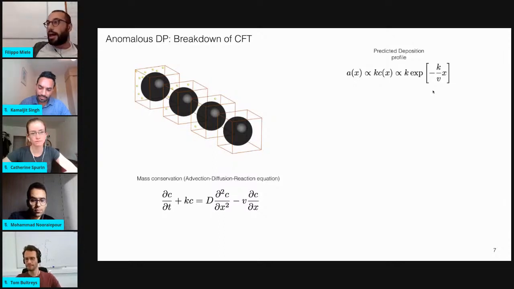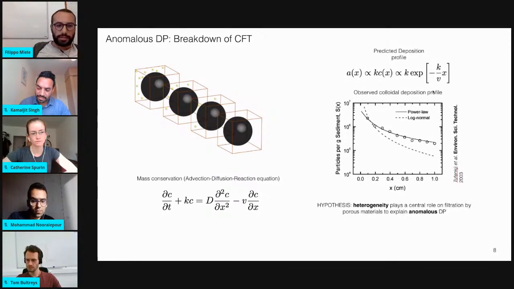slope. Now, several data collected in the lab show that the deposition profile is not following an exponential decay. The hypothesis, which is the main hypothesis of my work, is that at this stage we completely neglect the heterogeneity that comes from the flow, and so we want to investigate the role of such heterogeneity for the deposition profile.